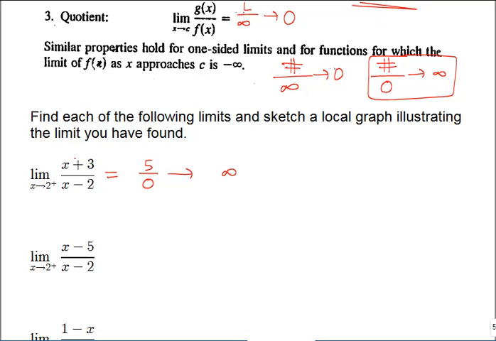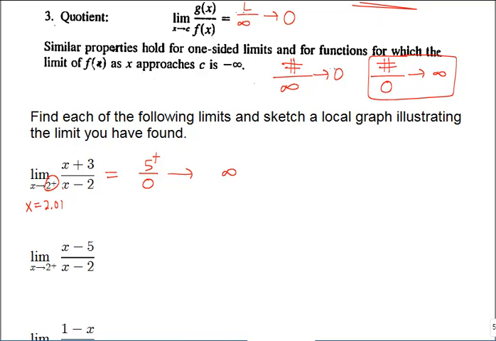Now if I plug in 2 from the right-hand side, remember that 2 from the right-hand side means you're looking at x slightly bigger than 2. For example, you could be letting x be 2.01. So imagine plugging in 2.01 on top. Obviously that's going to still be close to 5, and 5 is positive.